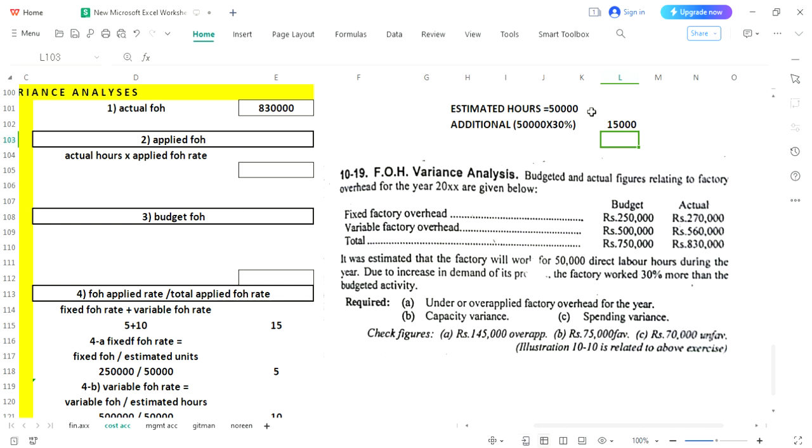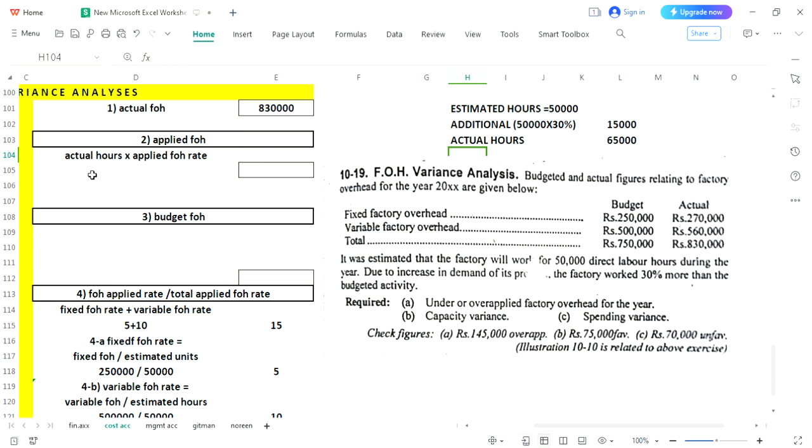Now please understand it. Estimated hours were 50,000. Additional 30% hours were 15,000. Now actual hours, how will you calculate actual hours? That would be an addition or sum of old hours 50,000, and now you are working 30% more, that means 15,000. So actual hours are now 65,000.